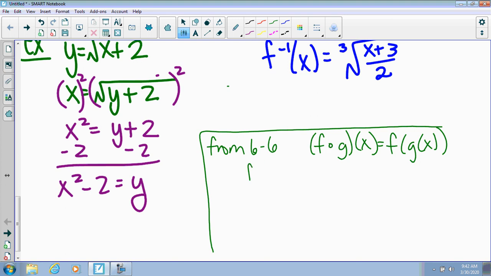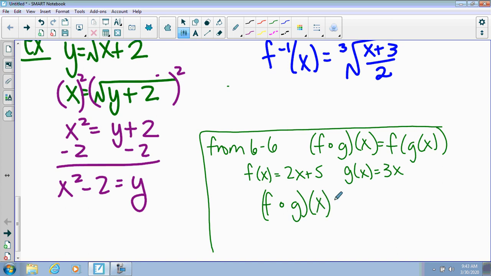So if I had something like f of x is 2x plus 5, and g of x is 3x, and I said, what's f of g of x? Not x, let's put the 2 in there instead. Let's do f of g of 2. You're going to take 2, plug it into the g function.